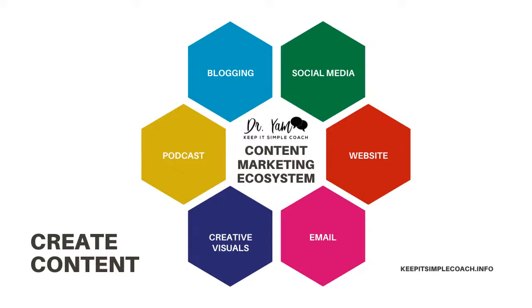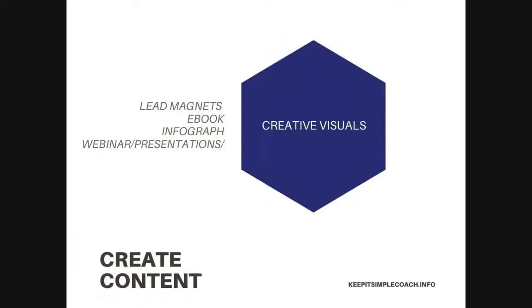And inside of our ecosystem, we have our 6 components. And the component that this is aligned to is creative visuals. And in this space is where you'll do your lead magnets, things like ebooks, infographics, webinars, presentations. Those components are all very visually stimulating, as well as have written content. But just know that that is the aspect that we're going to be focusing on today in regards to our ecosystem. Now, that being said, we can get to some of the nitty gritty.